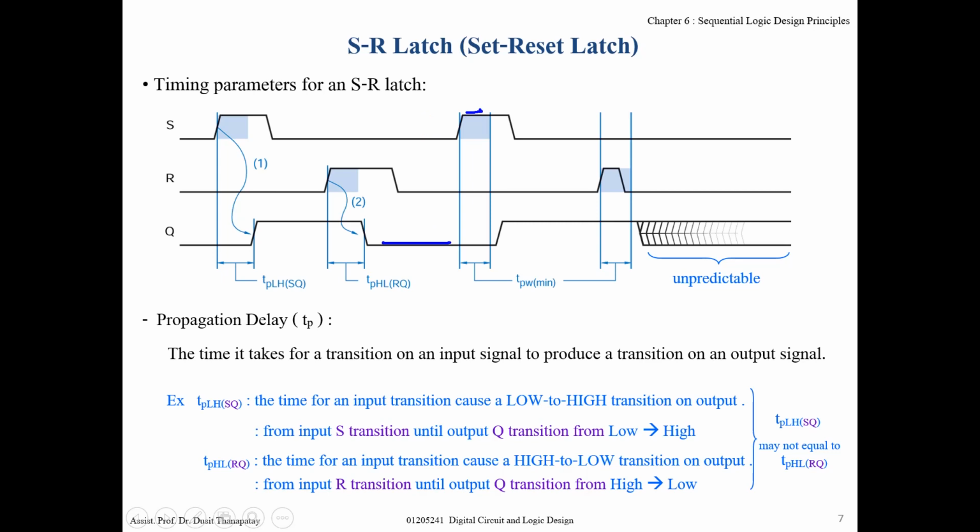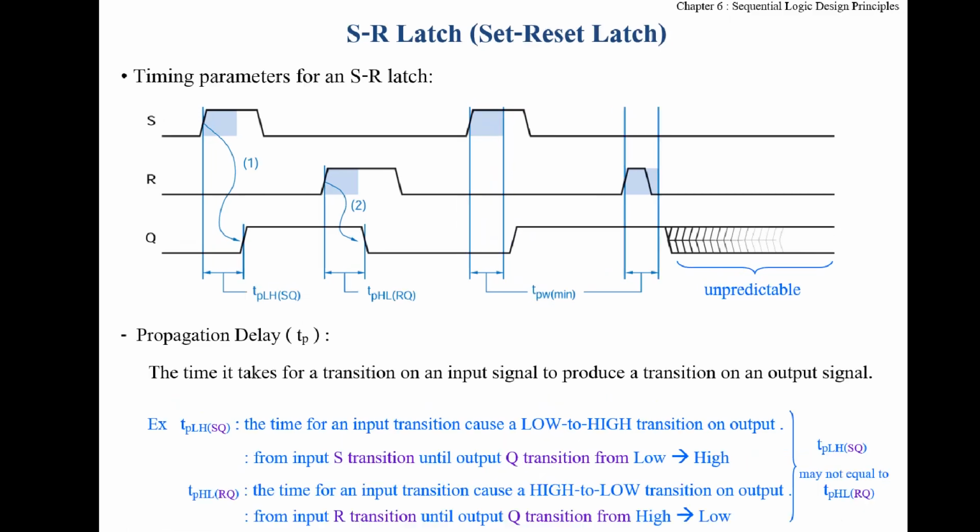You must apply S of logic 1 long enough, at least the minimal pulse width, to make sure that Q will change to 1.